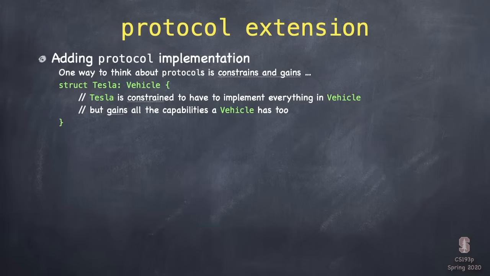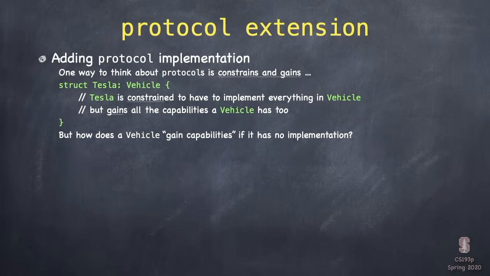But being constrained on that is going to make it gain all the things that world offers to a vehicle. Now you might be saying, well, wait a second here. Vehicle is a protocol, has no implementation. How are we possibly going to gain anything here? It just seems like I got all constraints here and I got no gains.